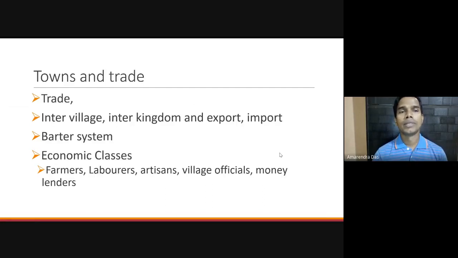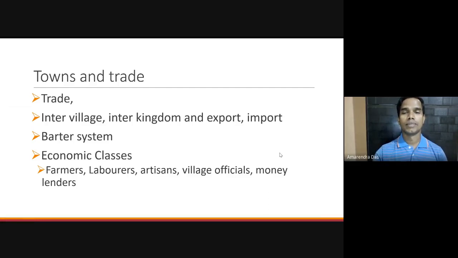Now, coming to trade and towns, what activities were happening. There was trade inter-village and inter-kingdom, and there was export and import. There was a barter system, and there were different economic classes like farmers, laborers, artisans, village officials, and moneylenders. These existed both in the villages and in the towns.